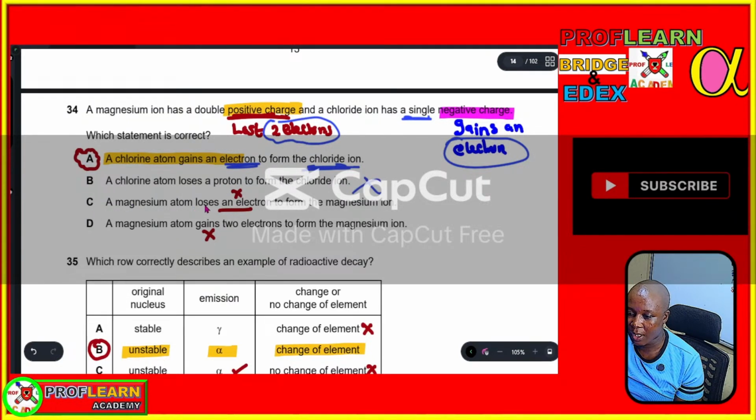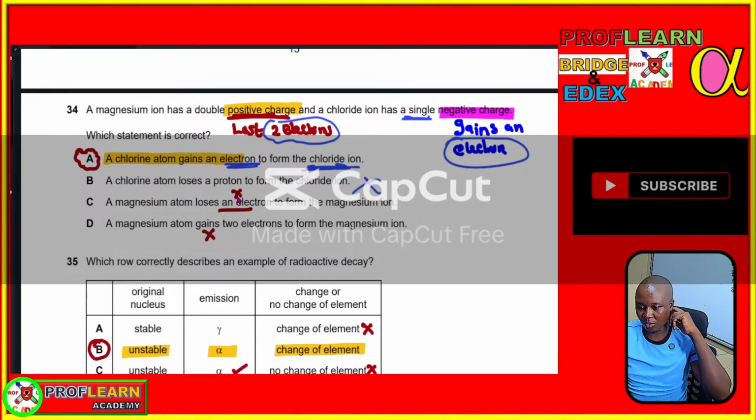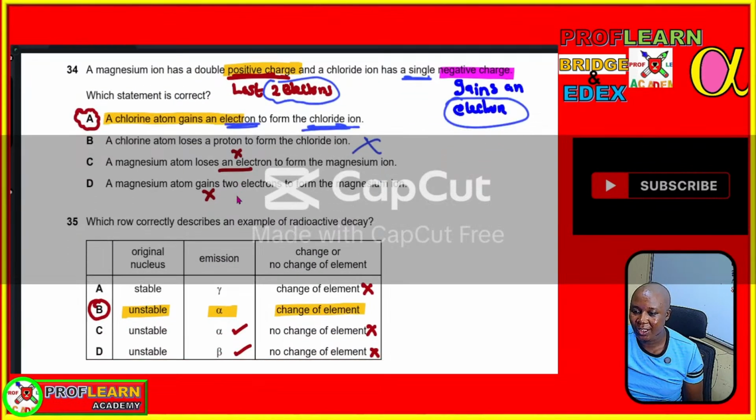Magnesium loses an electron, so it's wrong because we are told it has 2 positive charges, so it has to lose 2 electrons. And magnesium atom gains 2 electrons, but if it gains, it's going to become negatively charged, and that's not the case. So the correct answer is A.